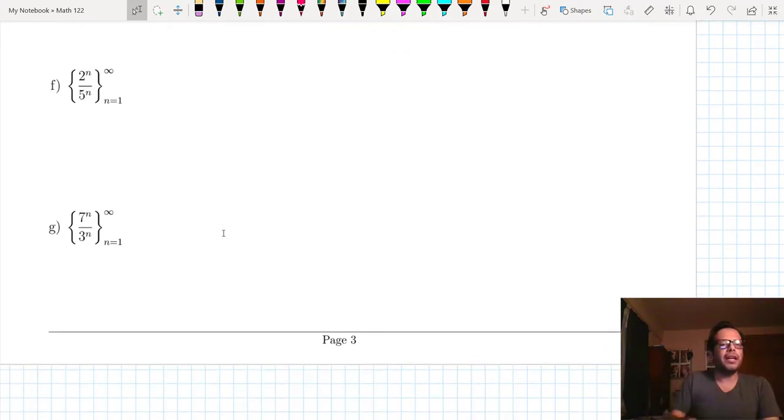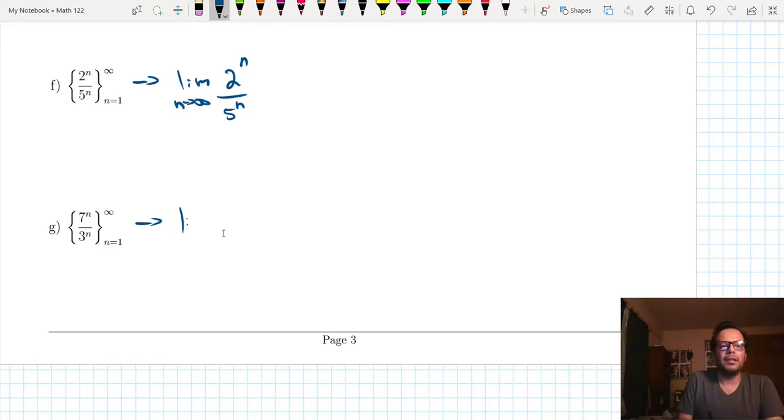Alright, so let's look at letter F. Letter F and G, if you observe them, they look very, very similar. How do they differ? Okay, let's have a look. Let's write it down in terms of limits. So 2 to the n divided by 5 to the n as n approaches infinity.